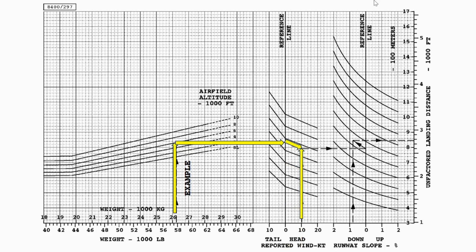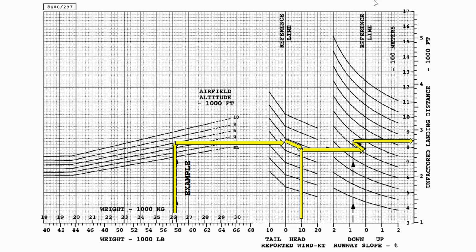From there, your next criteria is runway slope. Let's say, for example, the runway is sloping downwards at 0.8%, the way it looks there. You go to your reference line, draw a line going backwards to your 0.8%, and then from there you draw a horizontal line right across to the other side of the graph, and that's where you find your unfactored landing distance.